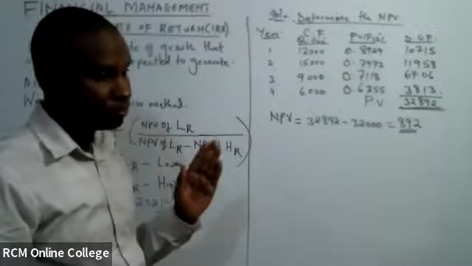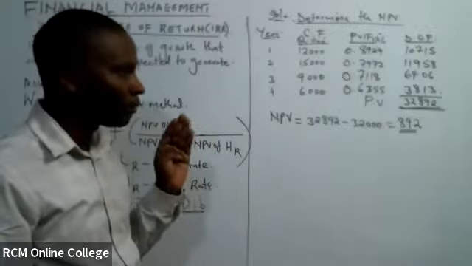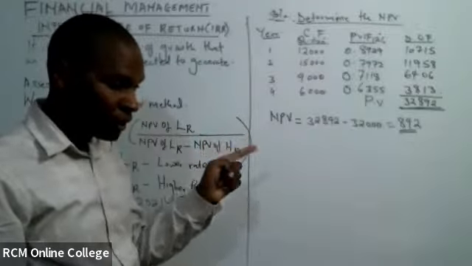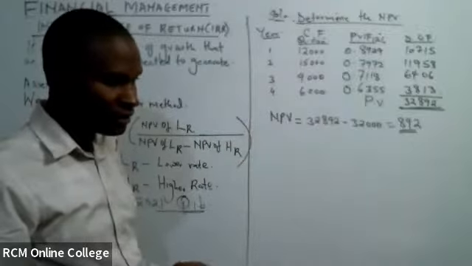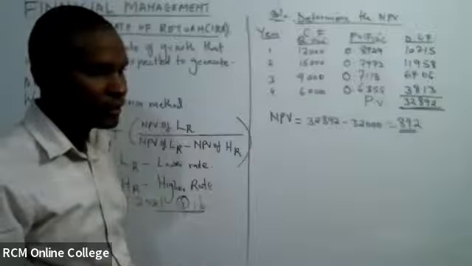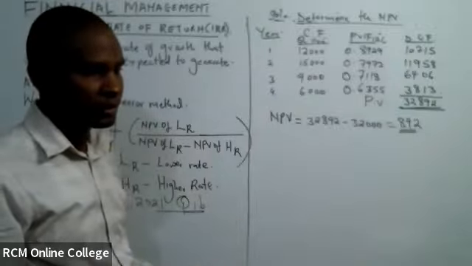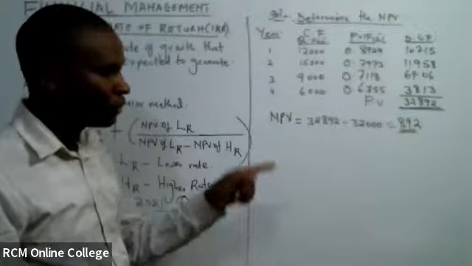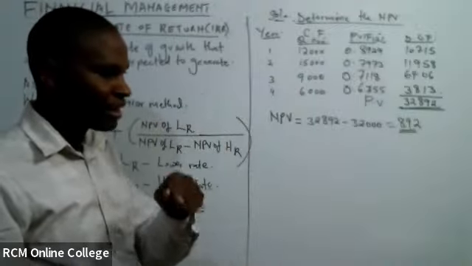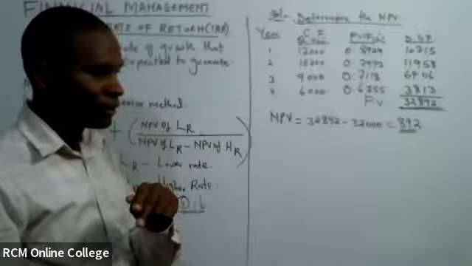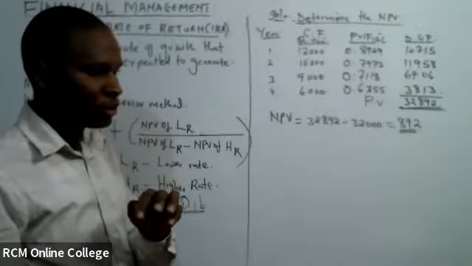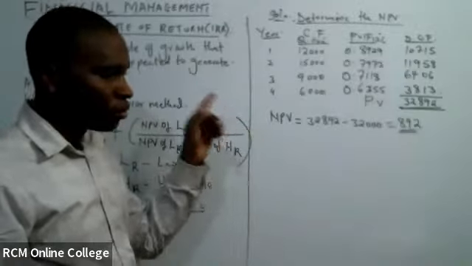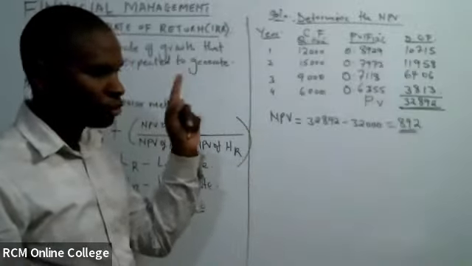Now, that is step 1, and we have gotten our NPV as a positive NPV. Now, what is the next step to take? We said something in our explanation: we now need to change our cost of capital.